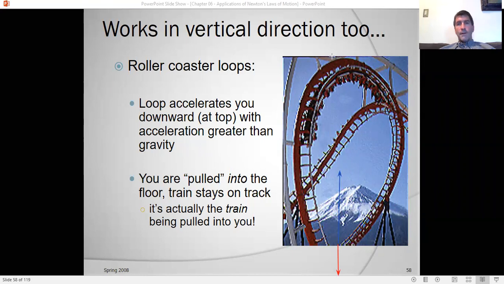So it's kind of cool. You feel very light at the top of a loop. You feel very heavy at the bottom of the loop. And this is because of the direction of the normal force. If the normal force goes with the gravity, you feel lighter. If the normal force acts against gravity, you will feel a force, perhaps many times the acceleration of gravity.